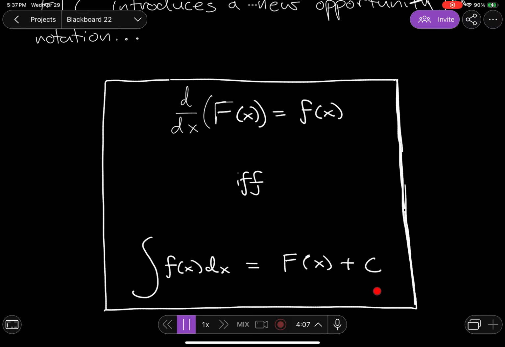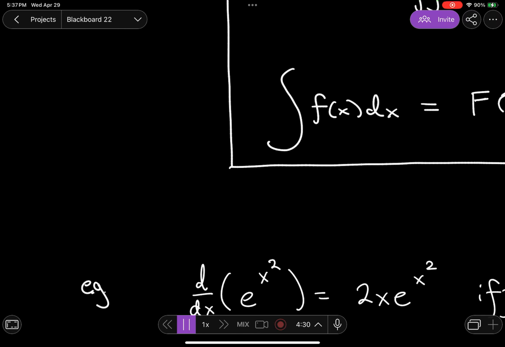So this is new notation that we have, and we use this symbol now. Now that we've proven the fundamental theorem of calculus, we are granted using this symbol that if we want to find the antiderivative of a function f of x with respect to x, then we can write that using this symbol right here.